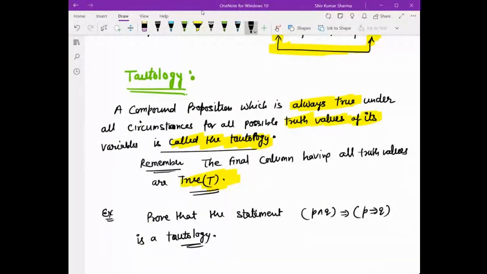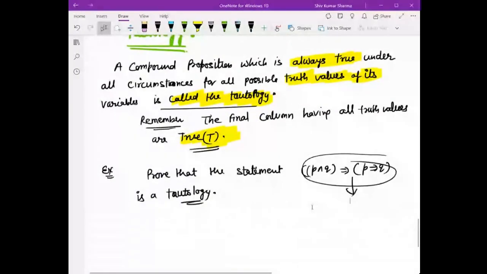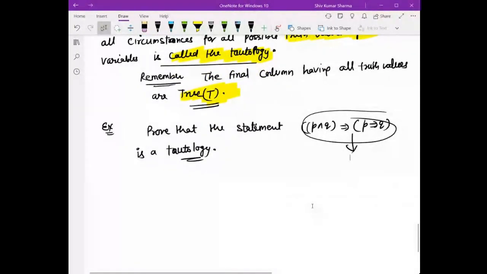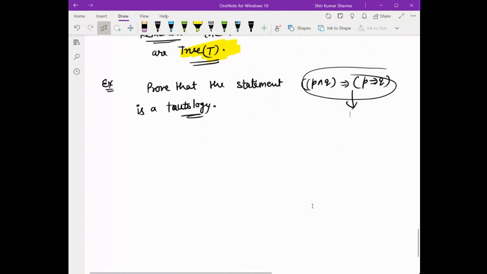So P and Q are the statements, and this is called the compound proposition. We are talking about the final column, so in the final column you have to calculate this completely. We use two statements P and Q with some connectives, so this is the complete compound proposition.